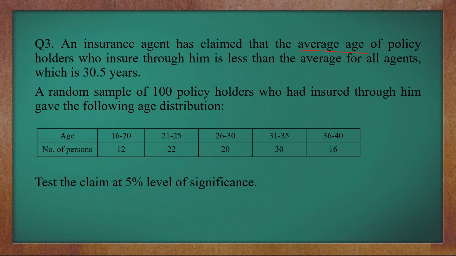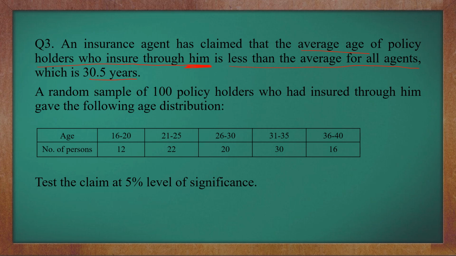Now, in this question, an insurance agent has claimed that the average age of policy holders who insure through him, meaning some people have taken the policy through him, is less than the average age for all agents, which is 30.5 years.